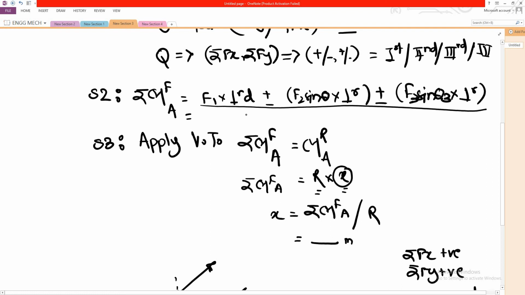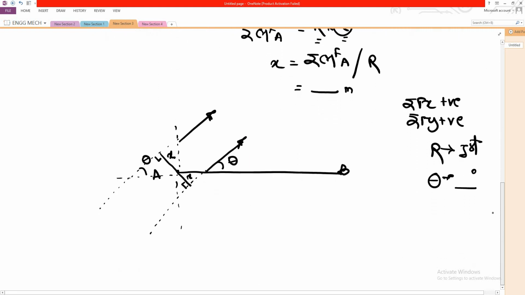The moment may be a positive or negative value. When we say the moment has a positive value, it means that the moment is clockwise. And when the sum total of moment is negative, the moment is anti-clockwise.